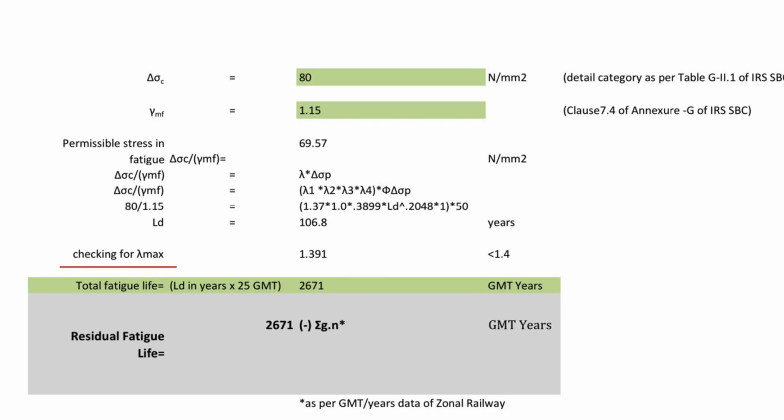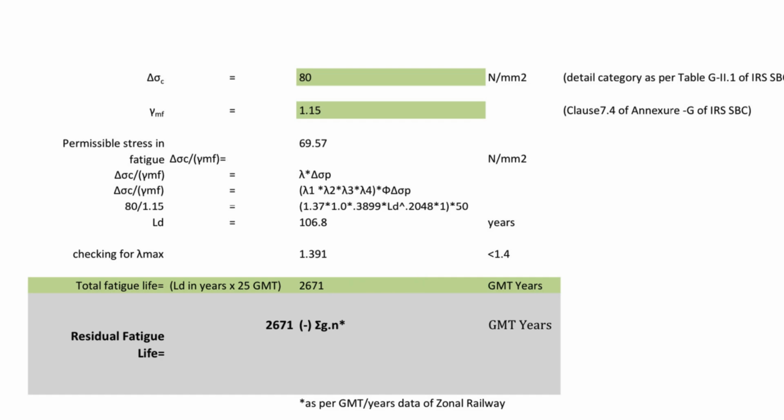At this point, we also have to check that the value of lambda, which we can now calculate by multiplying all the damage equivalent factors from lambda 1 to lambda 4, should be less than 1.4. So now we know that this bridge has a total fatigue life of 2,671 GMT years.